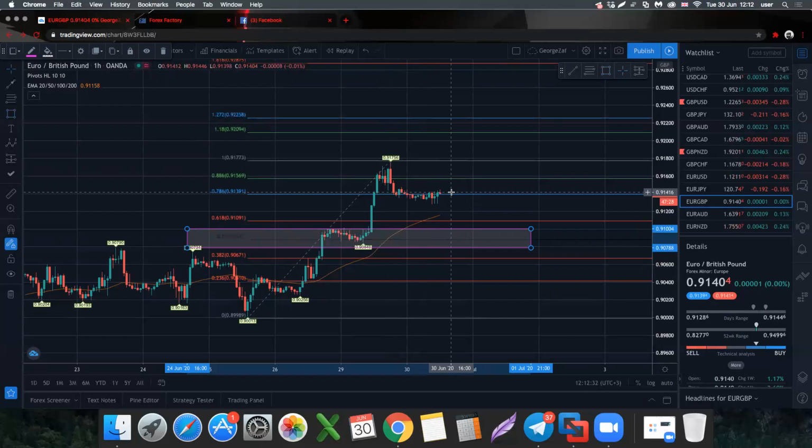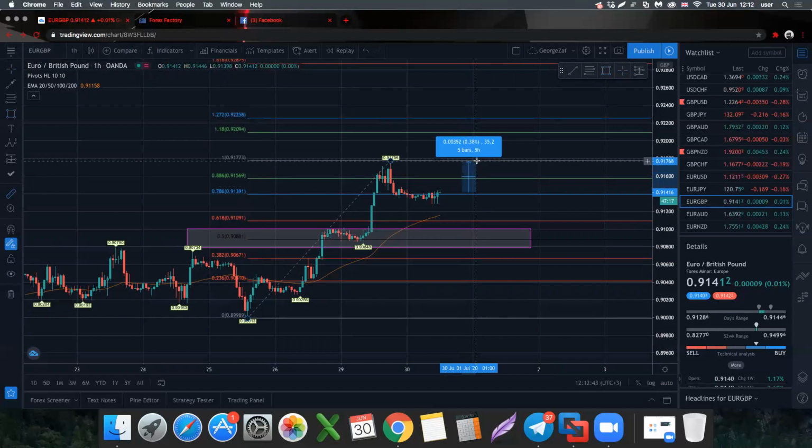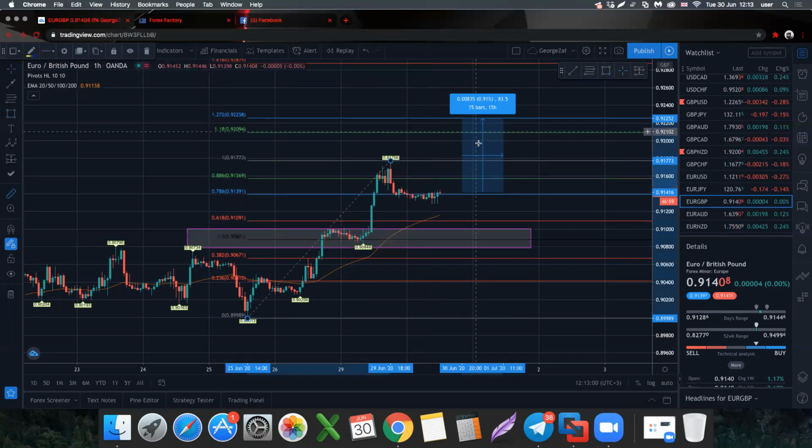And my take profit one should be here on the 100% level, which should be 35 pips, or you can get 15 pips on the green line, but I would say take profit 1 here, take profit 2, 66, and take profit 3, 83.5 pips. Okay, if I get them on this.